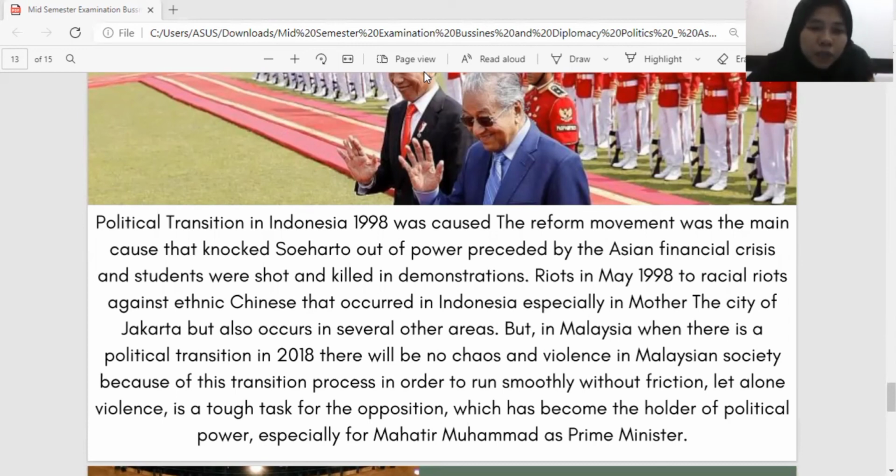This began when Suharto was willing to be re-elected as president after Golkar won the 1997 election. A series of incidents of disappearance of democracy activists and students who were considered to be against the Suharto government followed. Student actions were initially carried out on campus, then outside the campus in March 1998.